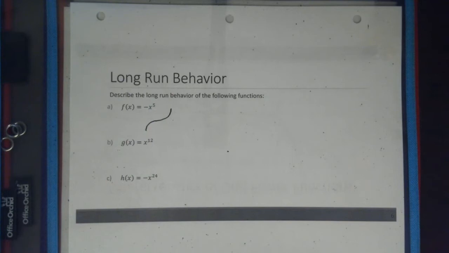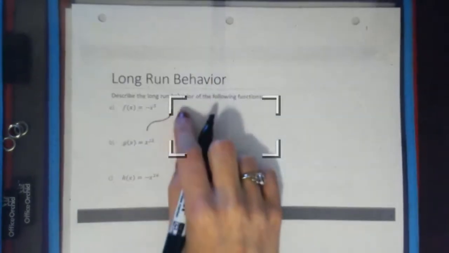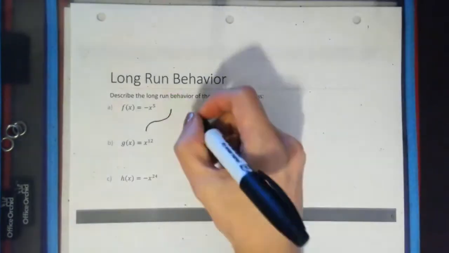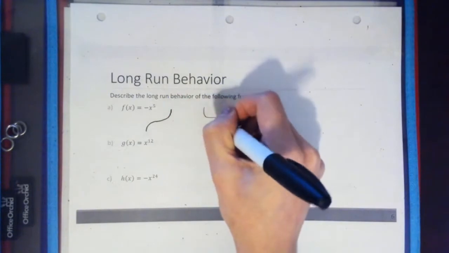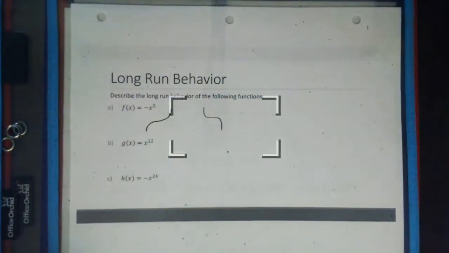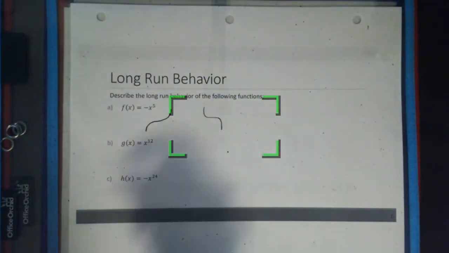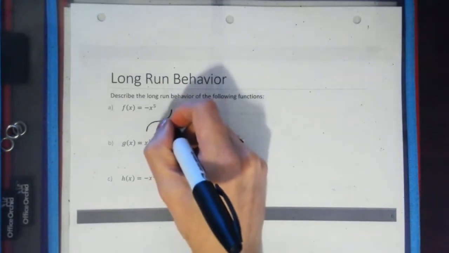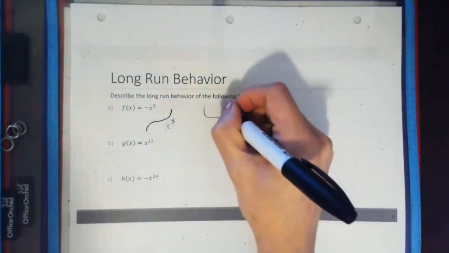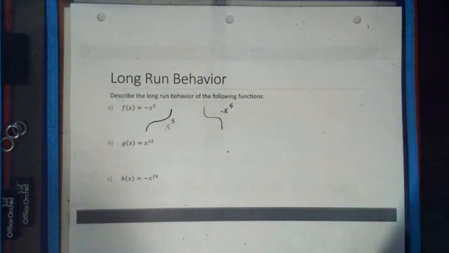A negative out front is a vertical reflection. So if I were to flip this graph vertically, then it would look something like this. So this is our rough sketch of x to the 5th power. This is our rough sketch of negative x to the 5th power.